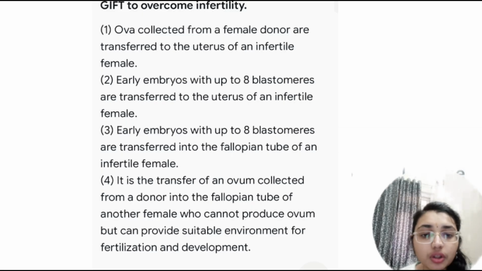Early embryos up to 8 blastomeres are transferred into the fallopian tube of an infertile female. This is also wrong. The fourth option is the transfer of an ovum collected from a donor into the fallopian tube of another female who cannot produce ovum but can provide a suitable environment for fertilization and development. This is the correct answer. So option 4 is the correct answer.